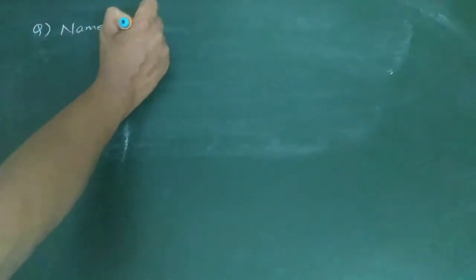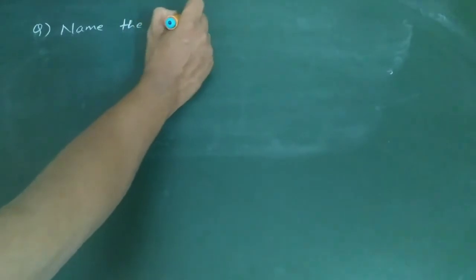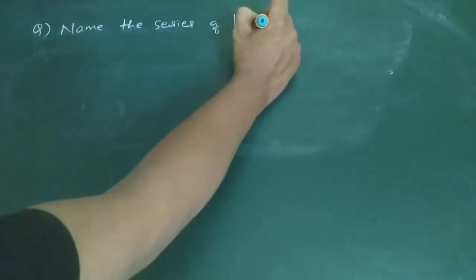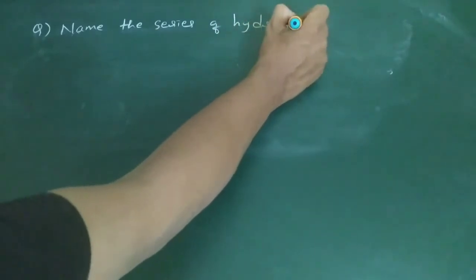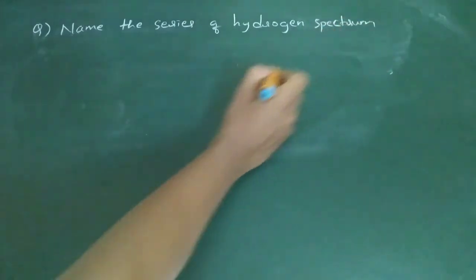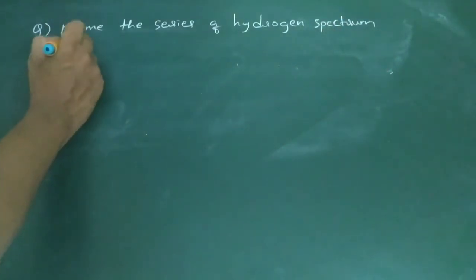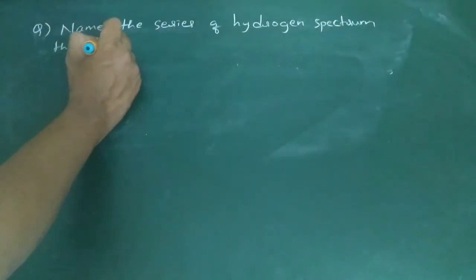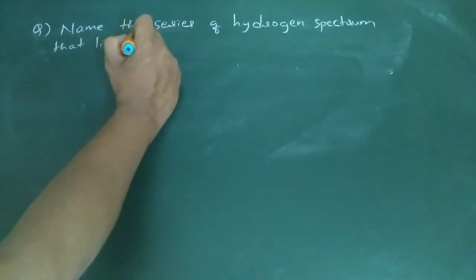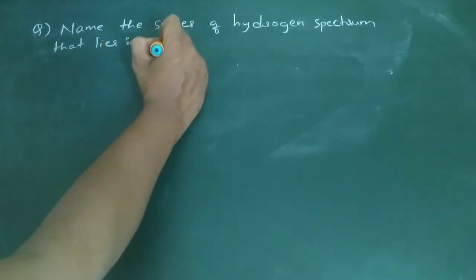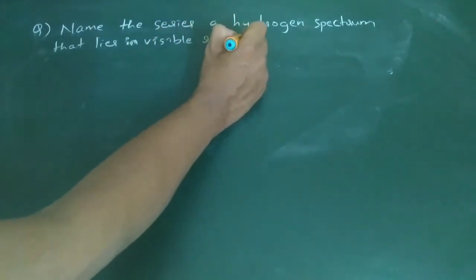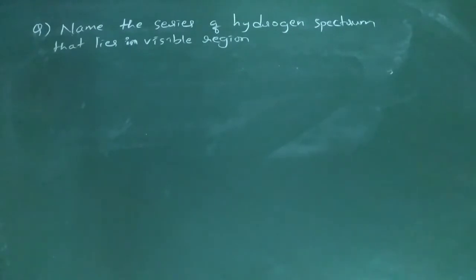So first I will revise that. First I will write the question. Name the series of hydrogen spectrum that lies in visible region.